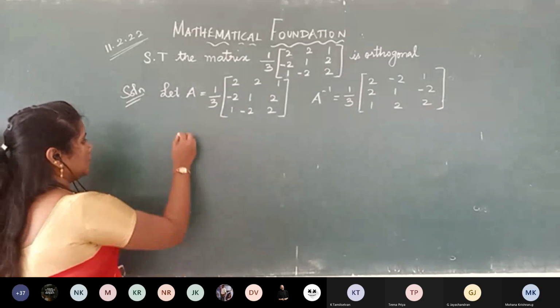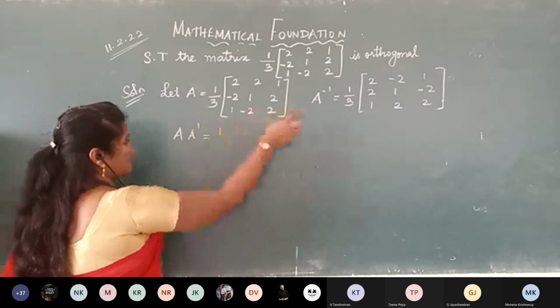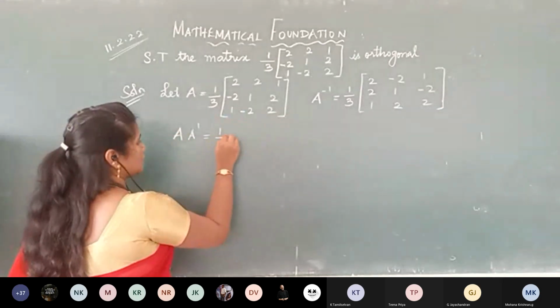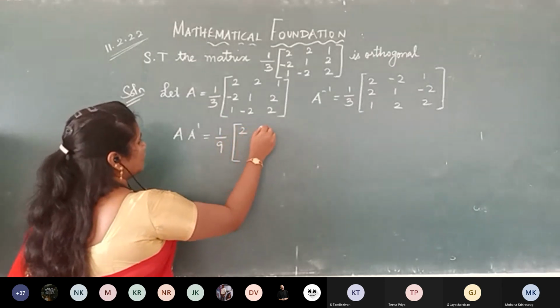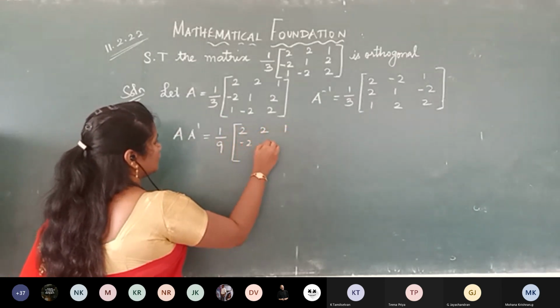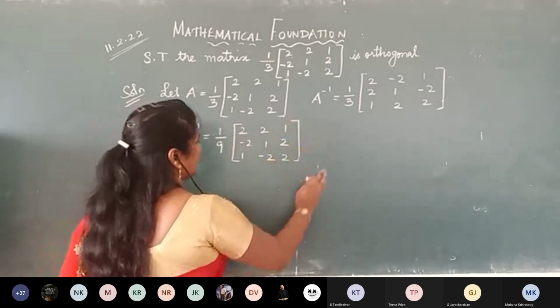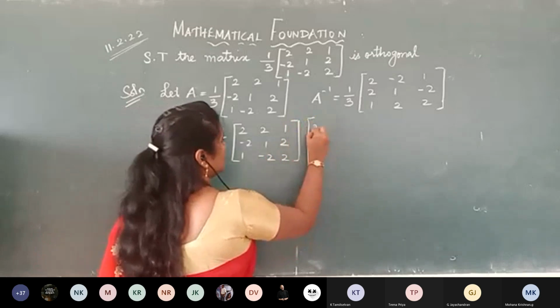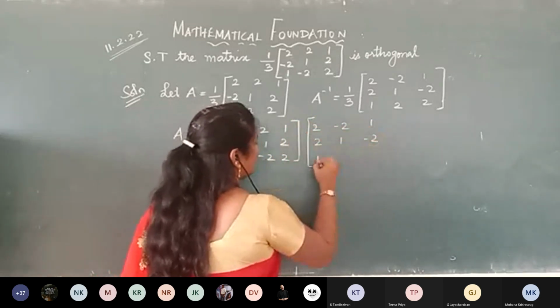Now multiply it. We will do this A complement. I am taking this 1 by 3 common outside, so it will become 1 by 9, into 2, 2, 1, minus 2, 1, 2, 1, minus 2, 2. And here it will be 2, minus 2, 1, 2, 1, minus 2, 1, 2.